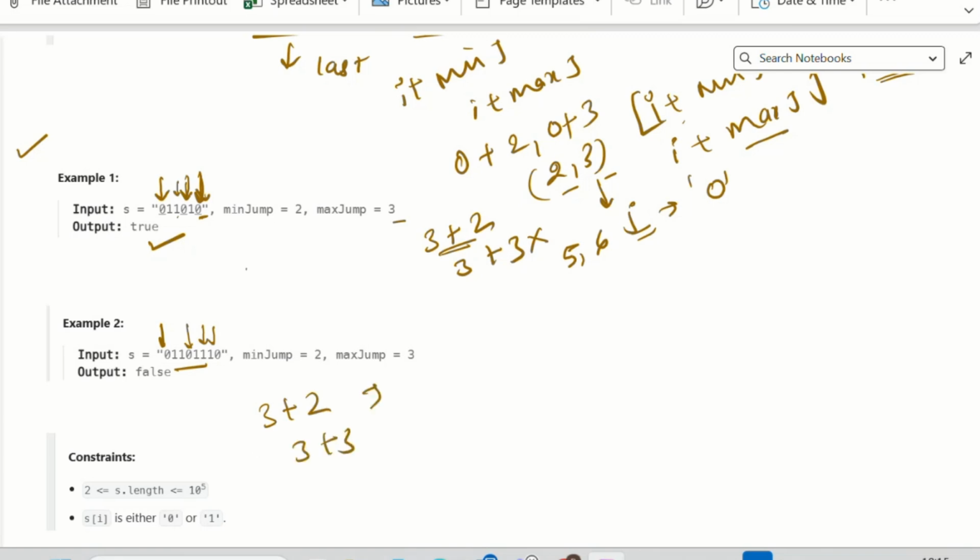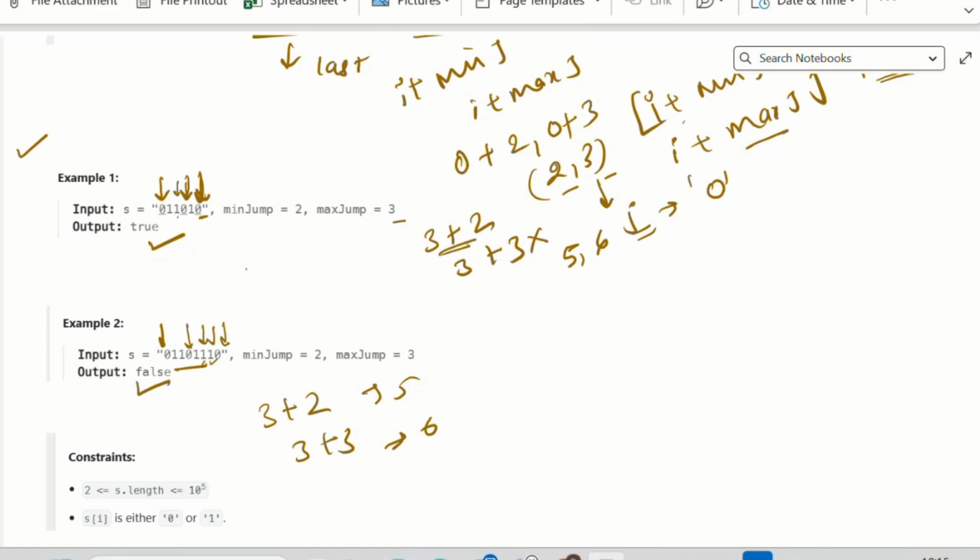But the fifth and sixth both have value 1 only, so we can't move to either of them. So we return false, because there is no possibility of reaching the last index.